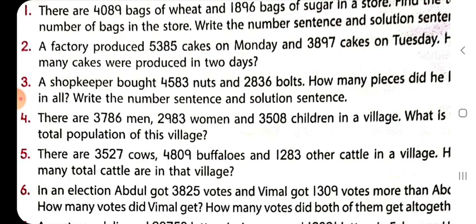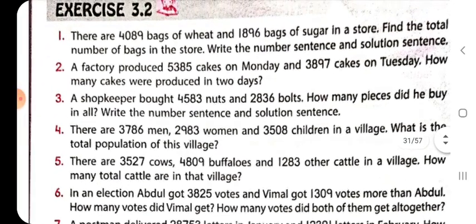There are 3,527 cows, 4,809 buffaloes and 1,283 other cattle in a village. How many total cattle are in that village? That means the number of cows in the village, number of buffaloes in the village, number of other cattle in the village.